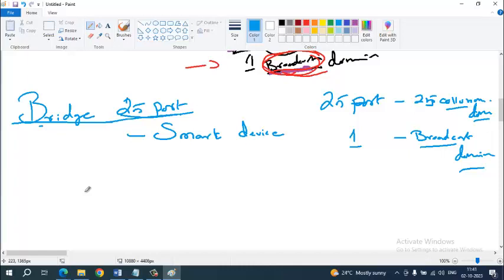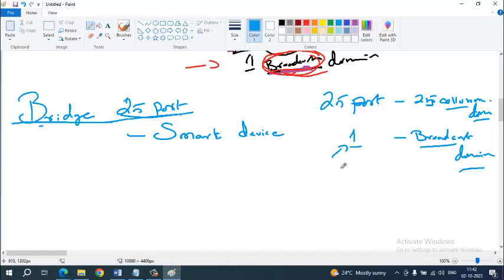No. Only when you do broadcast, everyone will get disturbed. Actually, you want to talk to Jacob, but because you are doing broadcast, everyone gets disturbed, and only Jacob will be responding. The others are getting disturbed unnecessarily. They're not going to respond, but they unnecessarily got disturbed. They are listening to you, isn't it?